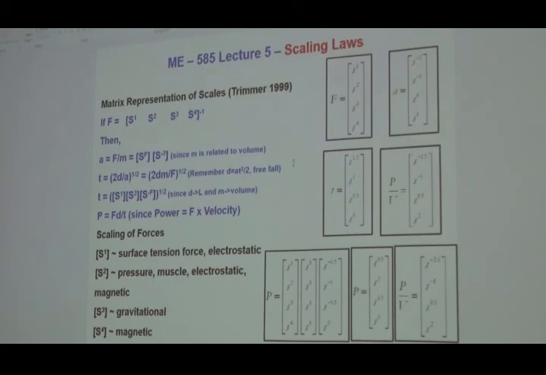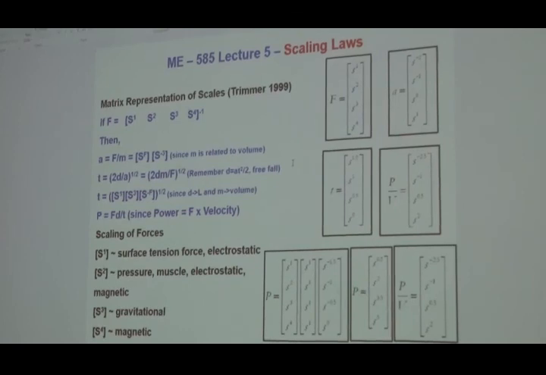So some forces, like surface tension force, essentially scale with linear S. If you have electrostatics, apply a voltage on a wire, that voltage distribution is going to scale just with a wire. Heat transfer through a wire again scales with S. Now, pressure is force divided by area, right?